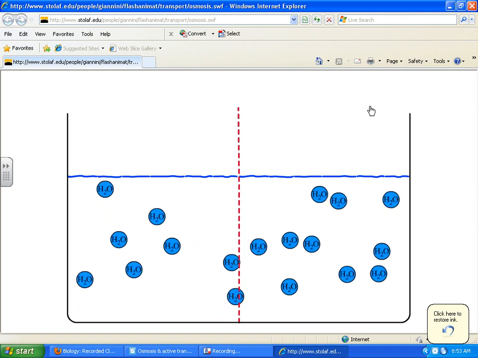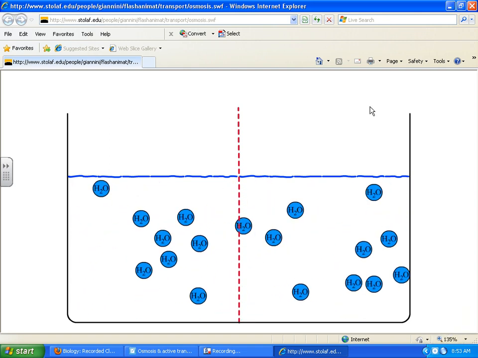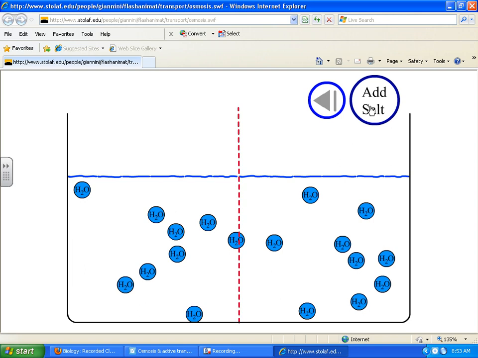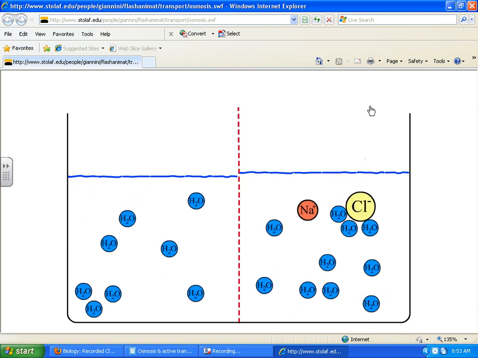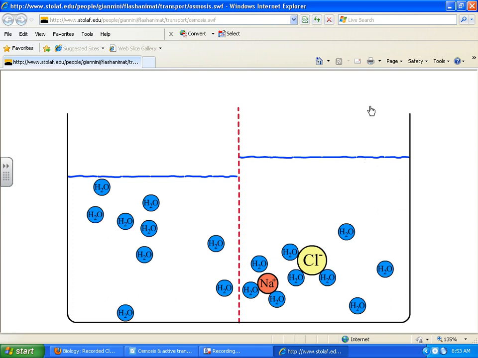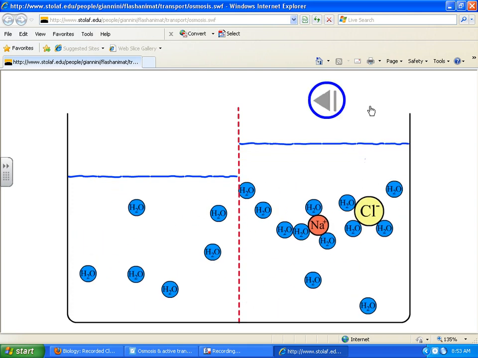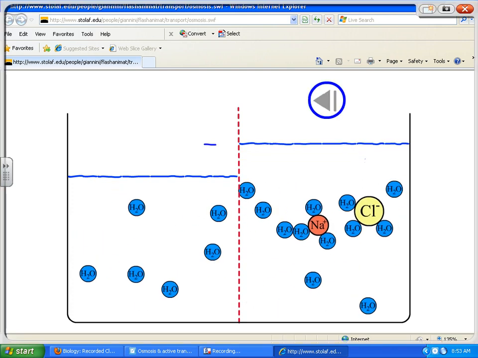When that water attached, some of the water on the other side moved over to try to balance it out. And if you notice, there is now a higher amount of water on this side. This is hypertonic. This is hypotonic. Okay? All right, hopefully that helps.